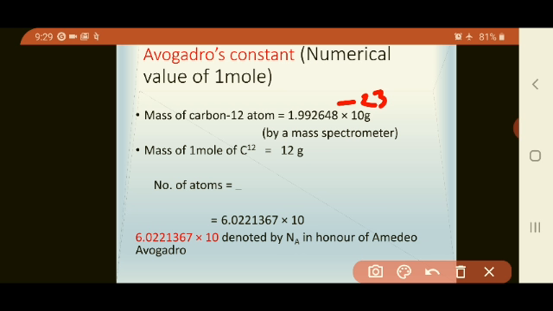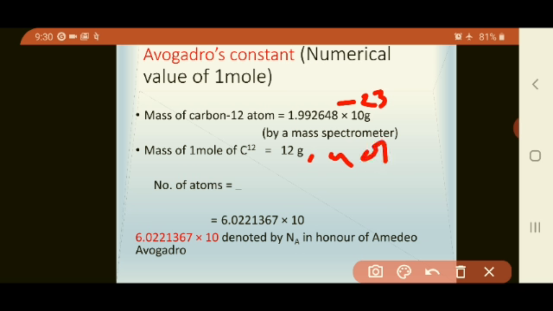A mass spectrometer is the device used to measure mass, just like we use a thermometer to see the temperature. The mass of 1 mole of carbon is taken as 12 gram per mole.